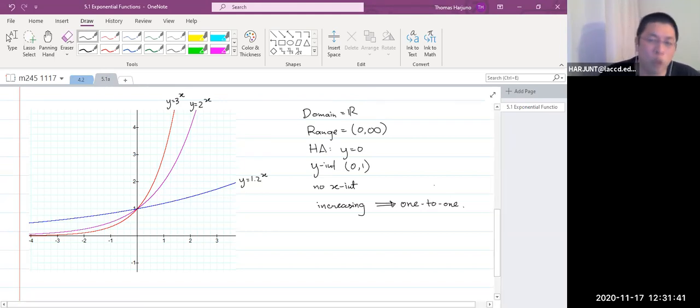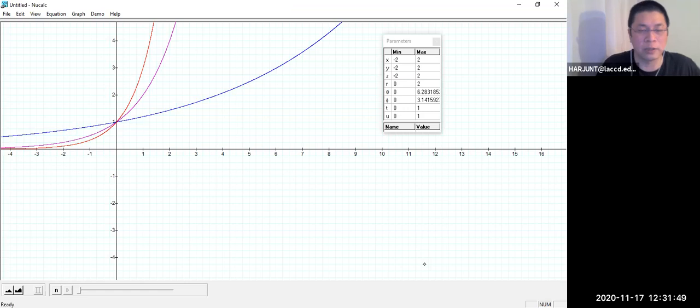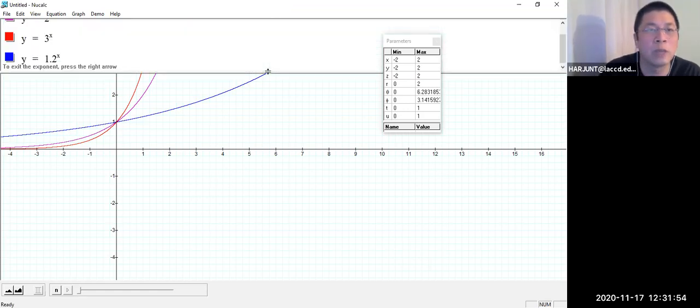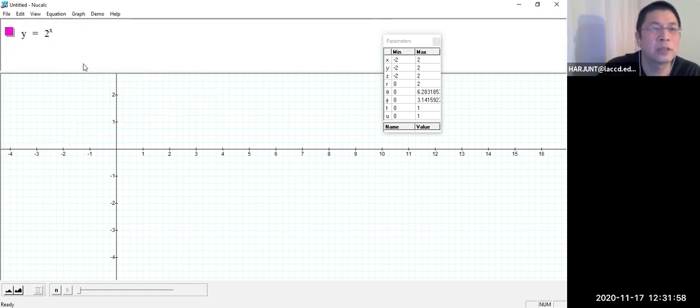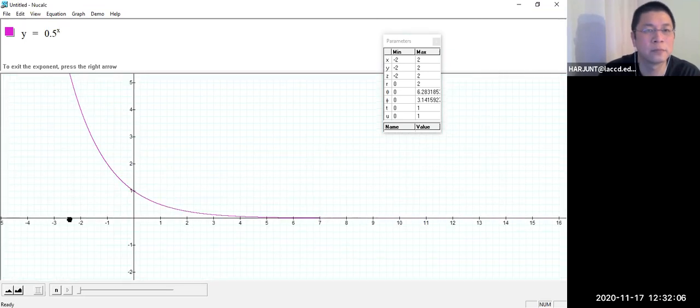Now, let's go back to our basic graph. What happens if the base is less than 1 but still positive? Let's say the base is 0.5. What happens if the base is 0.7?